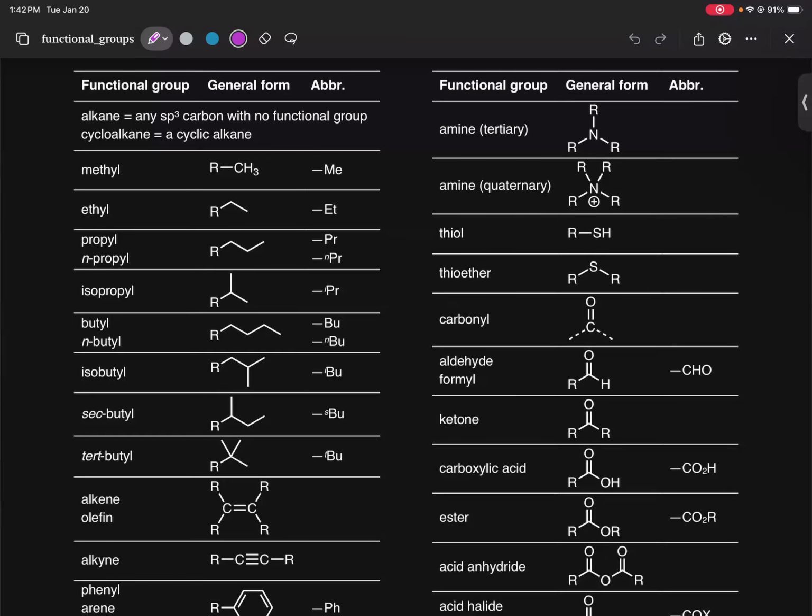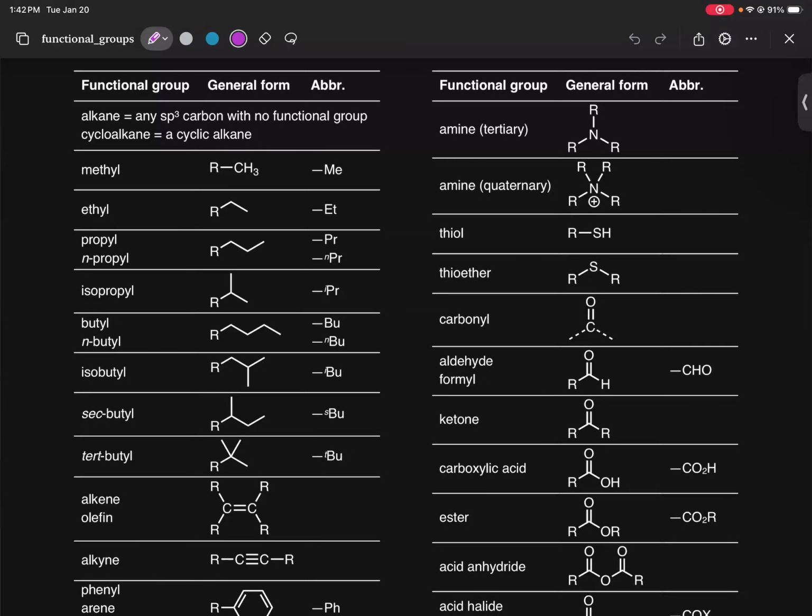So let me tell you a little bit about what the diagrams here are talking about. You'll notice that all of them have at least one R group. Some of them, like this alkene or olefin, have multiple. But in a larger molecule, if we're looking at one functional group and we're only concerned with that functional group, we can get rid of the whole rest of the molecule.